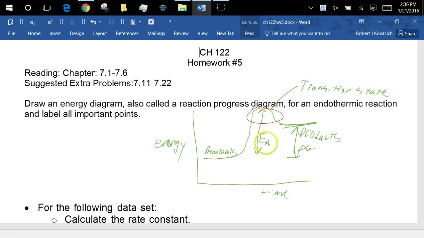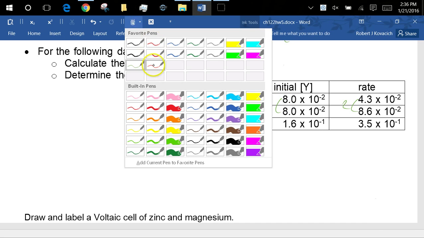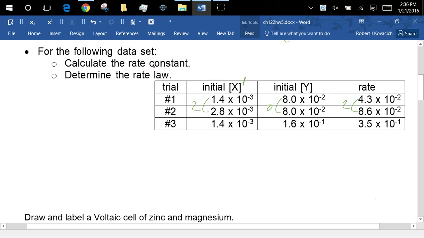Okay. Rate constant. All right. So for this one, it goes up by 2. This one, it goes up by 2. So it's first order with respect to the x. This one, it goes up by 2. This one, it doesn't go up at all. And what happens here?